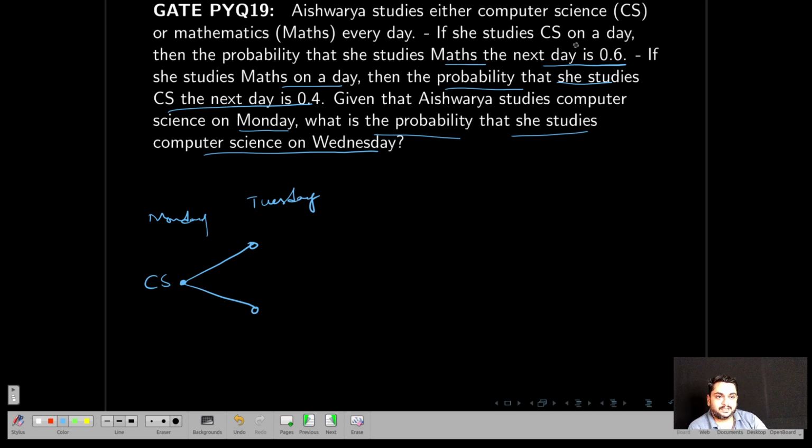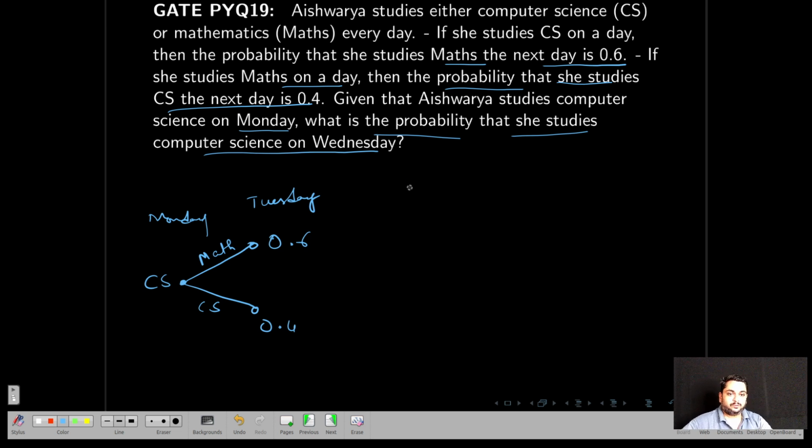See, if she studies CS on a day, the probability that she studies maths the next day is 0.6. So maths is 0.6 the next day. So other than maths is another subject, CS. Okay, she studies CS on Tuesday with 0.4 because 1 minus 0.6.